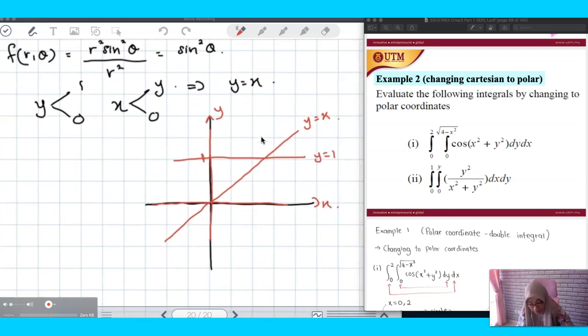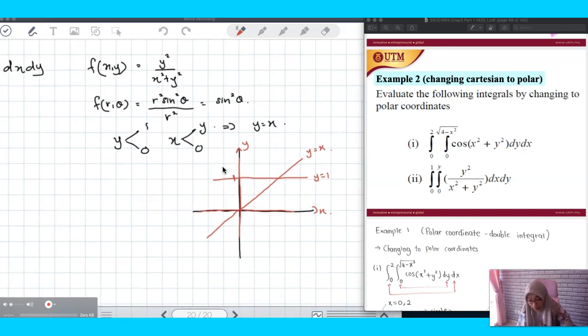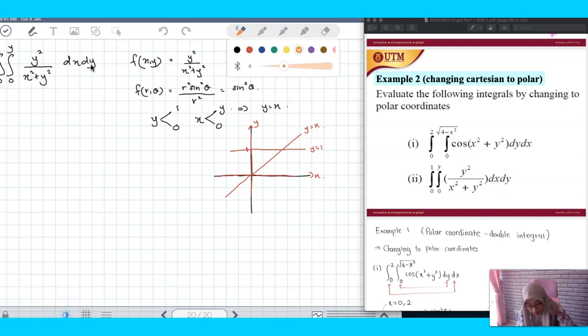Obviously the region is over here, but we want to double check whether that is correct. How can we double check? You have to look at your order. Given is x dy, so y is constant. When y is constant, your line should be horizontal, right?